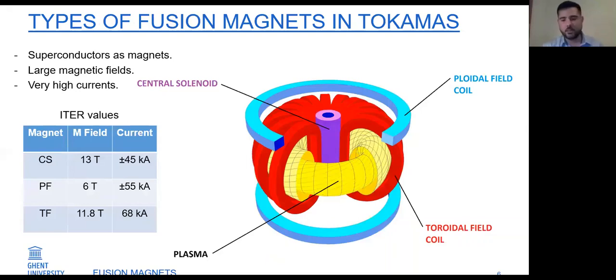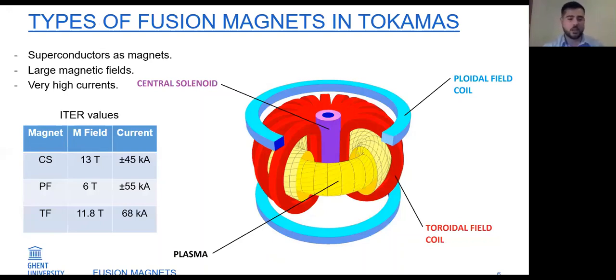This study is focused on the toroidal field coils, which use the most current, so they need to be very effective superconductors and be able to carry a lot of current.